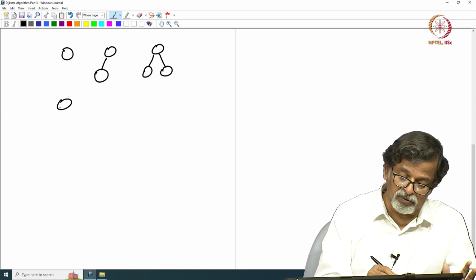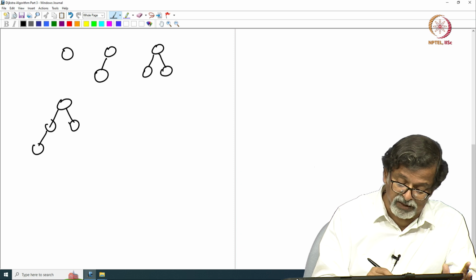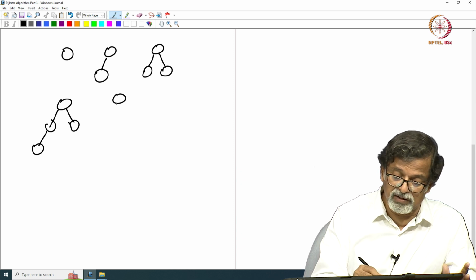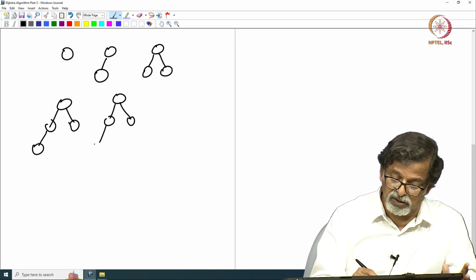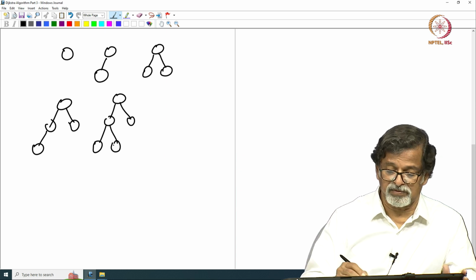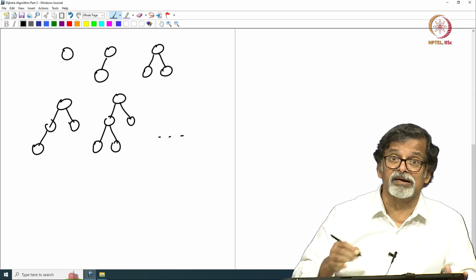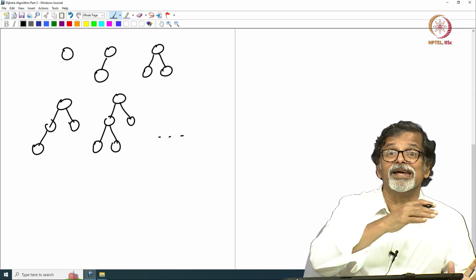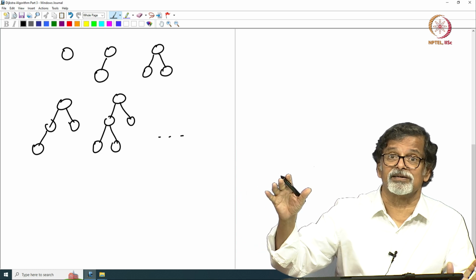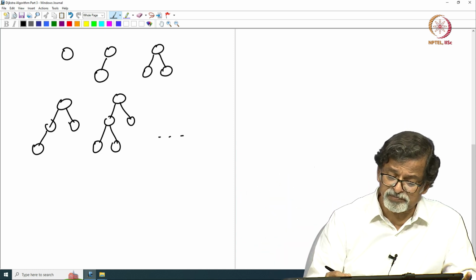And for a heap of 4, this level is full, and in the next level it goes to the leftmost. So 2, 3, 4, 5 must look like this, and so on. In this way a heap is built level by level, filling a level from left to right. Every level should be filled from left to right.